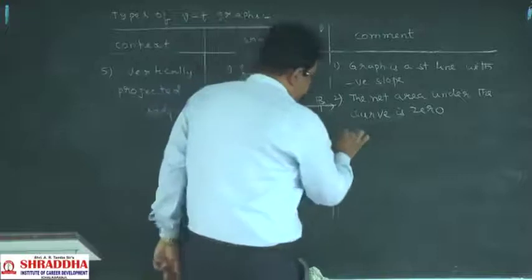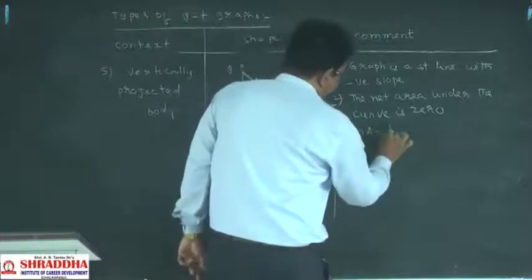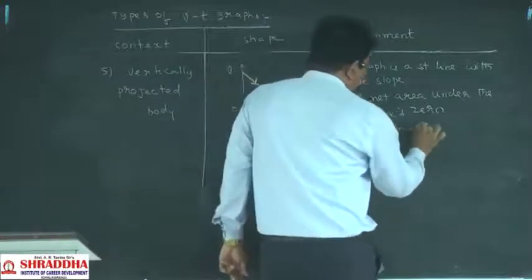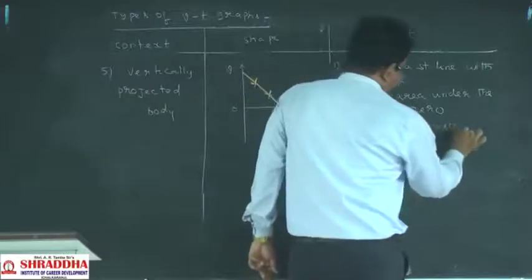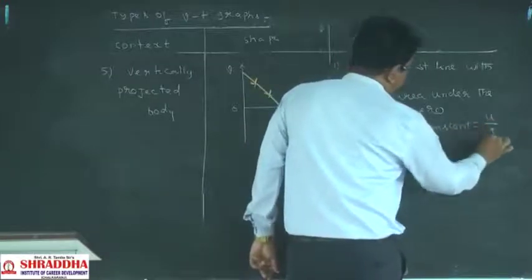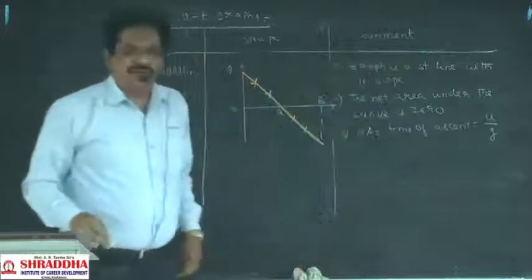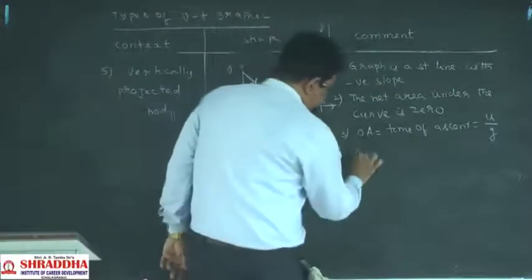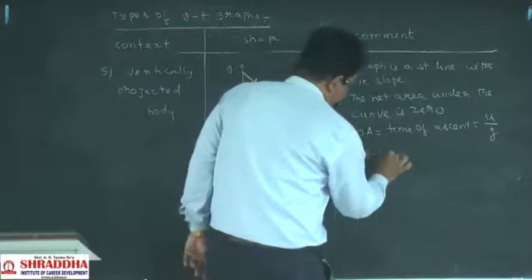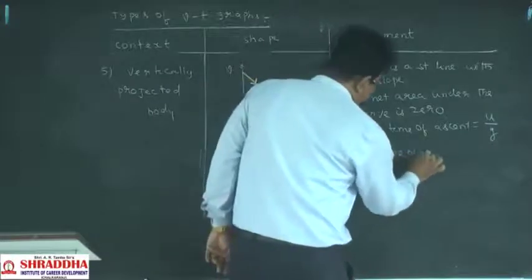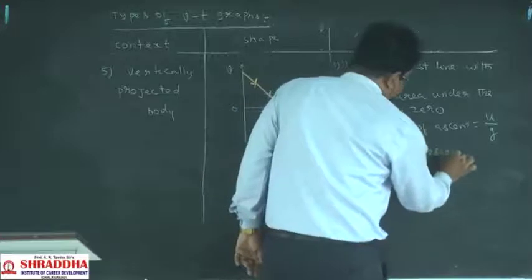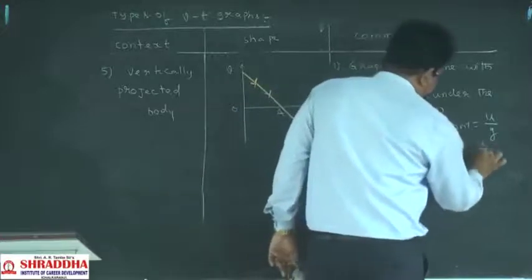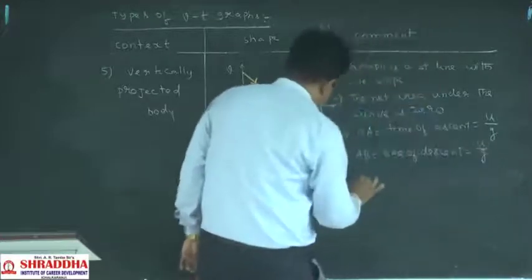Formulas will come in the next topic. OA, time of ascent, is equal to U by g. AB, time of descent, is also equal to U by g.